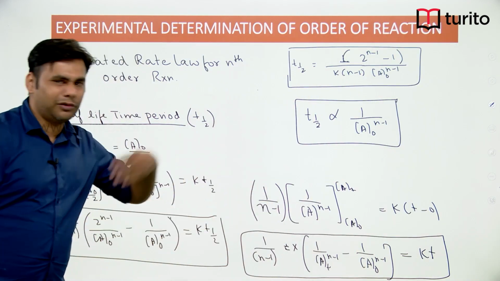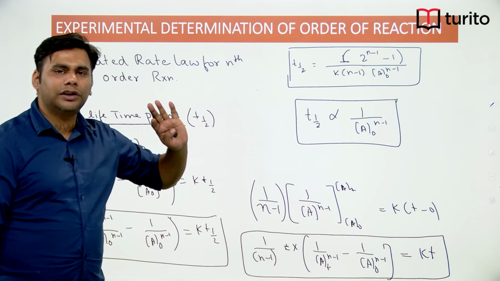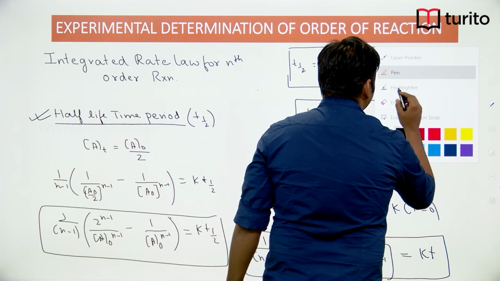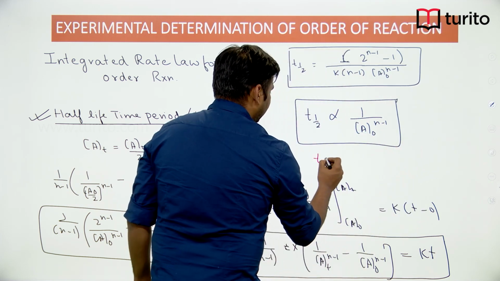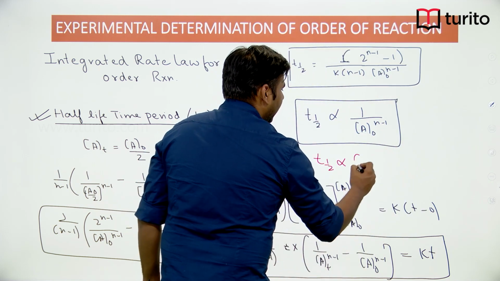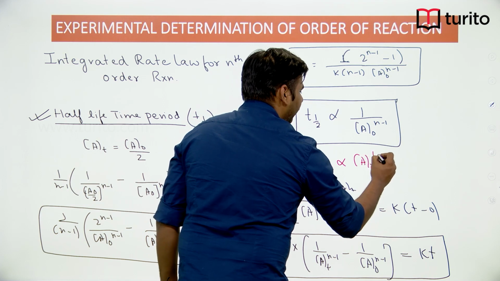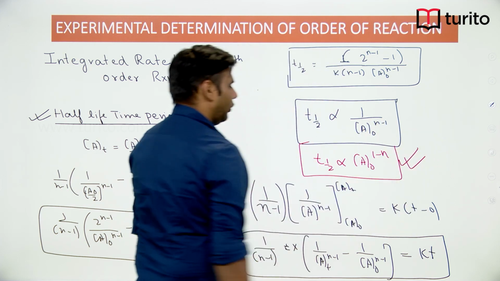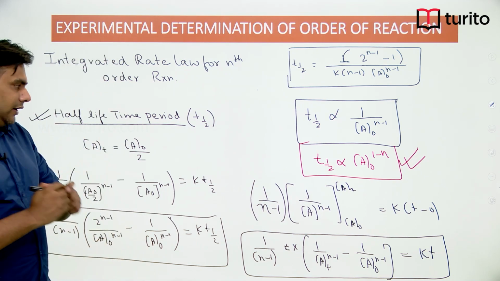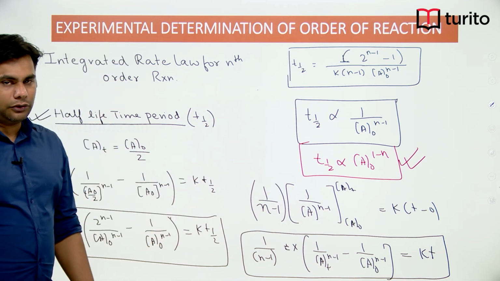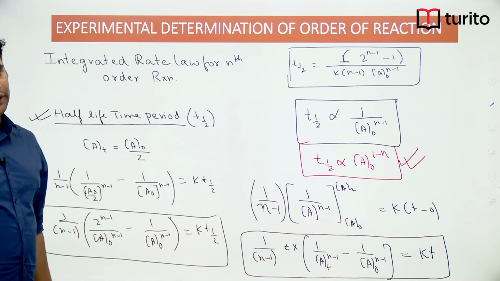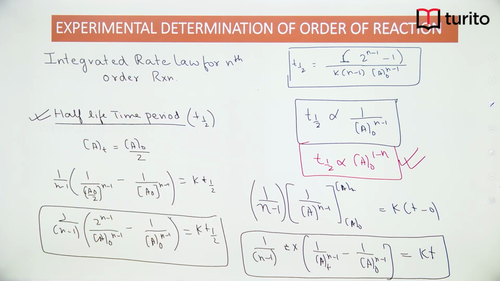We don't have to remember all these things; if you know just this one conclusion, it becomes very smooth and easy. I can also say that t half is proportional to A naught raised to power 1 minus n. So for any nth order reaction, t half is always proportional to concentration raised to power 1 minus n, where n is the order of the reaction. Just write it down quickly.